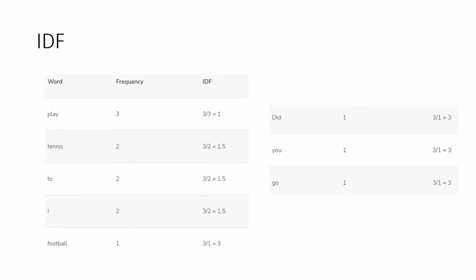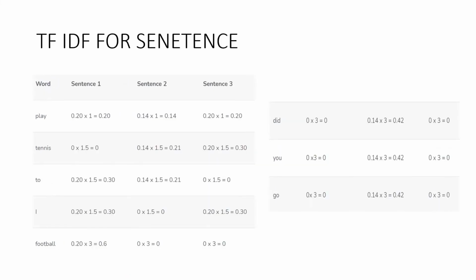Let's now find the TF-IDF values for all the words in each sentence. It's shown here. The values in the columns for sentence 1, 2, and 3 are the corresponding TF-IDF vectors for each word in the respective sentences.